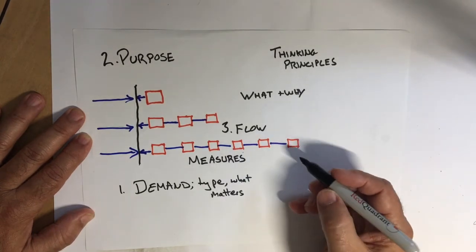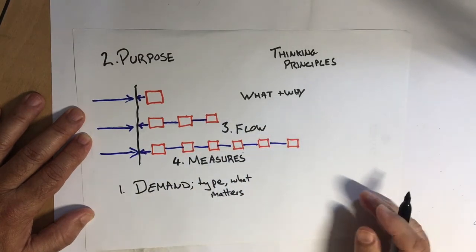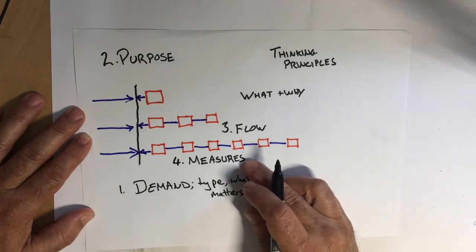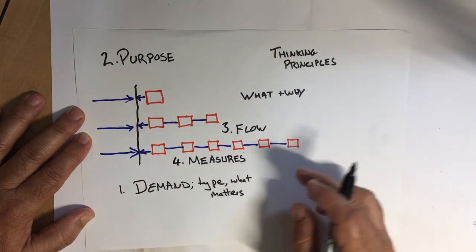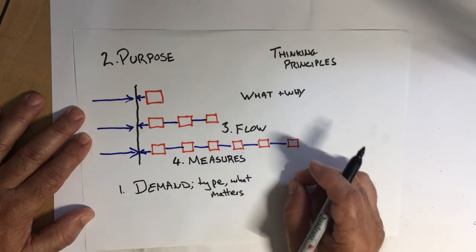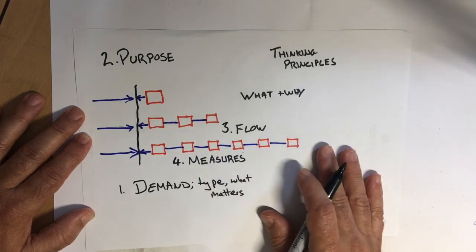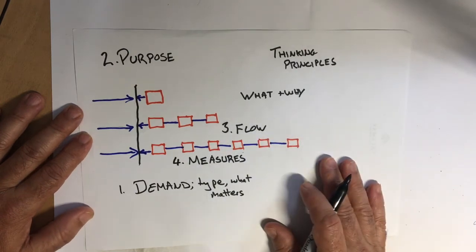When we've done that, we can make an assessment of how well we respond to that demand. So we create measures that are linked to demand and the purpose. Now we look at those measures and ask ourselves, how well do they actually measure what matters to the customer, and how effective are those measures?